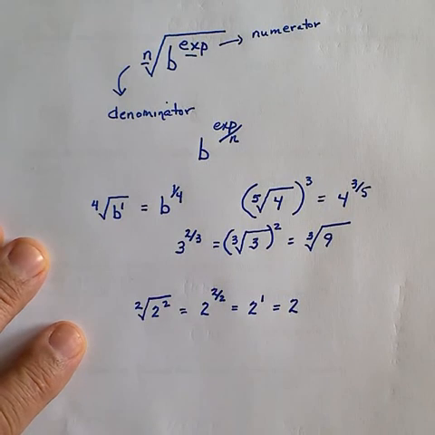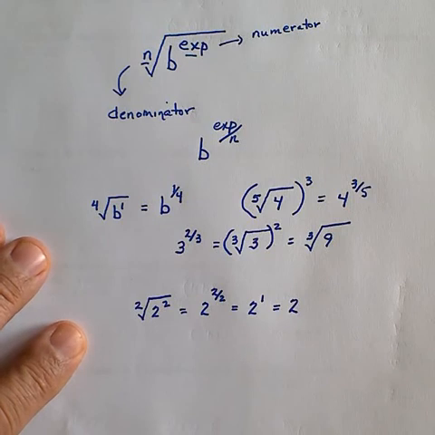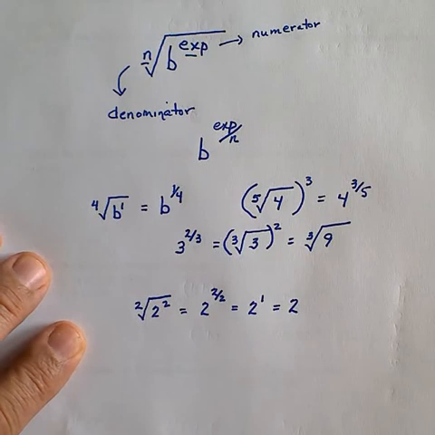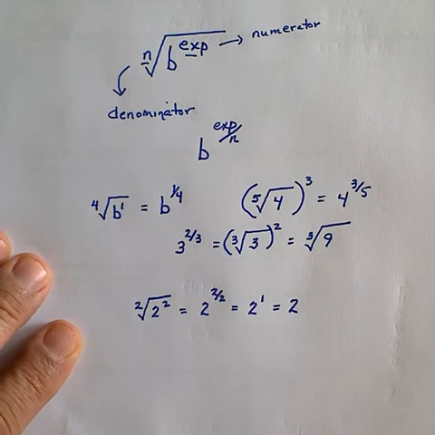So when the exponent and the index are identical, they cancel each other out. And that's going to be an important part of simplifying some of the expressions without calculators.